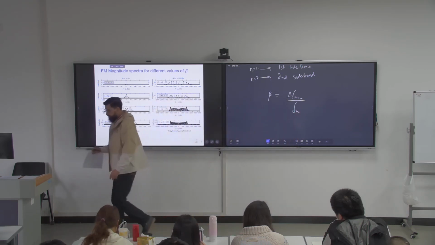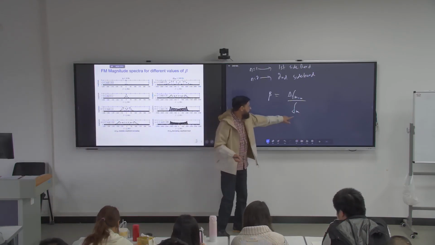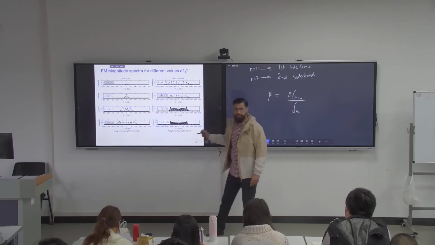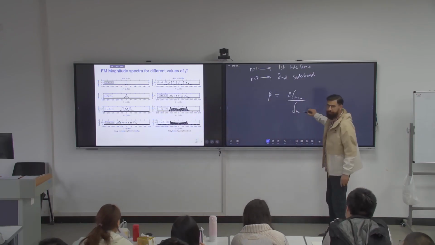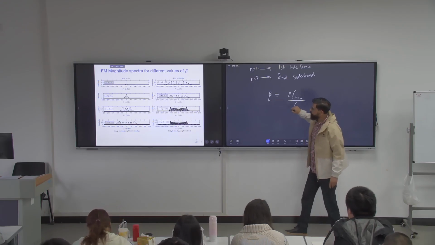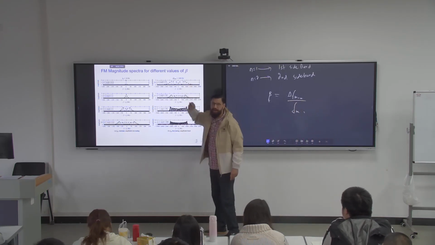Now see here, I'm saying FM is decreasing. If FM is decreased, beta is increasing, right? Or if beta is increasing, FM is decreasing. So we started with beta 1.